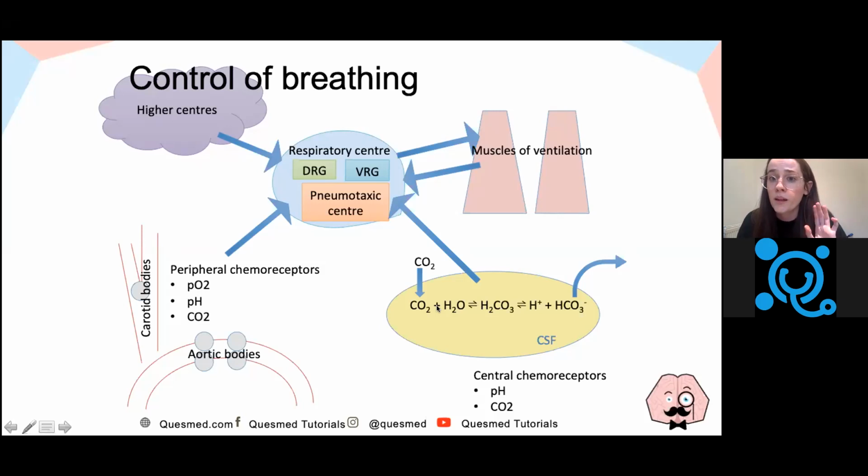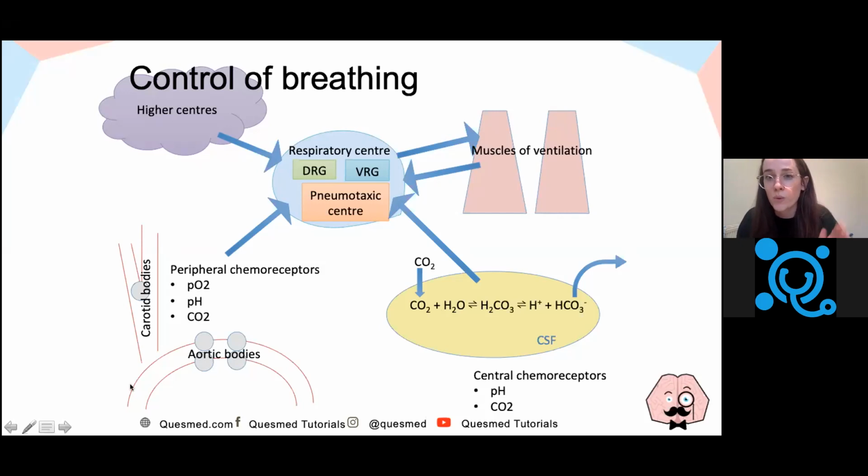Now, as you can imagine, the peripheral chemoreceptors can respond to changes much quicker than the central chemoreceptors. The peripheral chemoreceptors use that oxygen and then send off their signals based on the amount of oxygen that they're able to use.